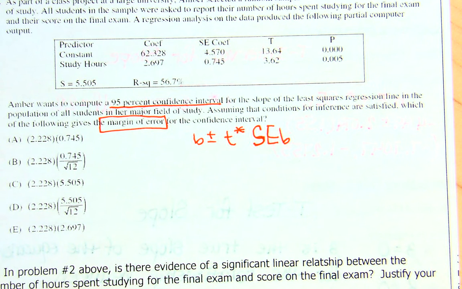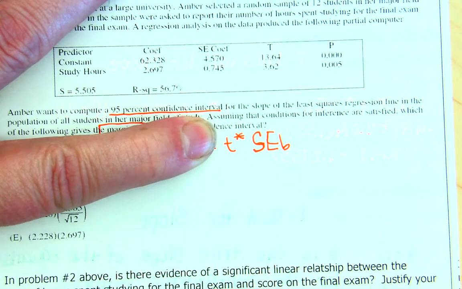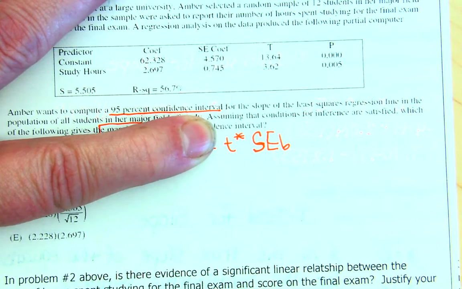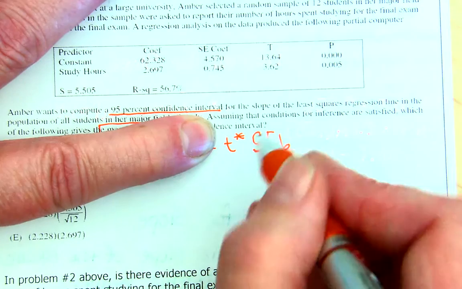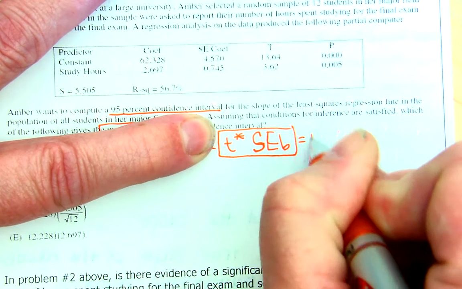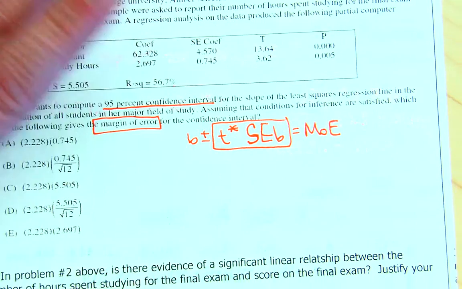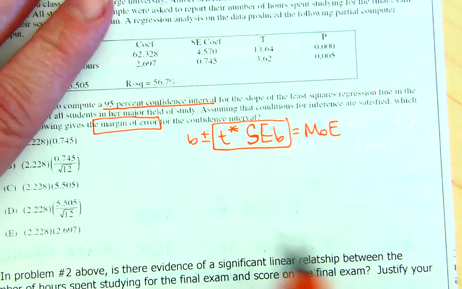So that part right there is margin of error. Everything after the plus or minus. So that's my margin of error. So that's what I'm plugging into.